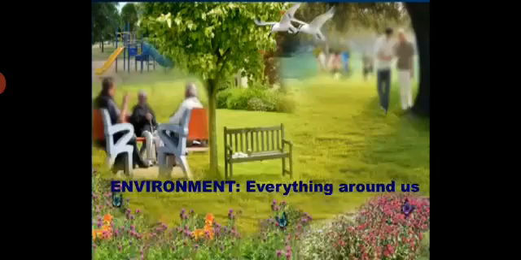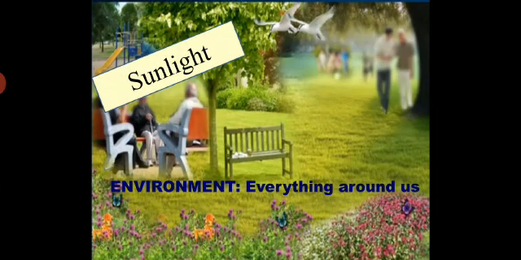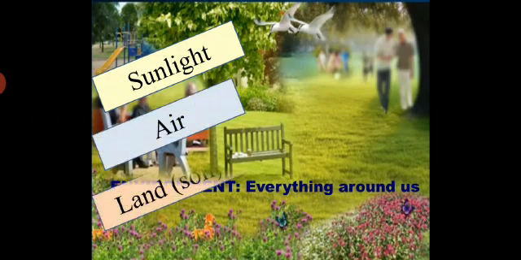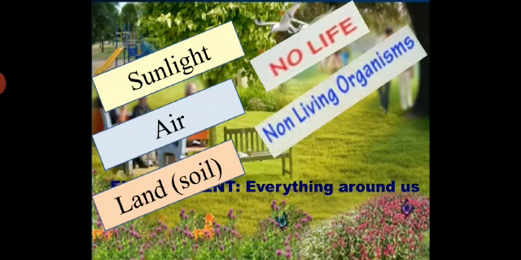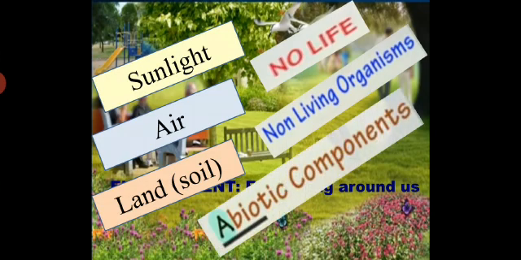Here, there are certain non-living, naturally occurring things such as sunlight, air, land or soil. These components do not have life in them, nor do they perform any life process. So we call such things non-living, also called abiotic components, as the word means no life.